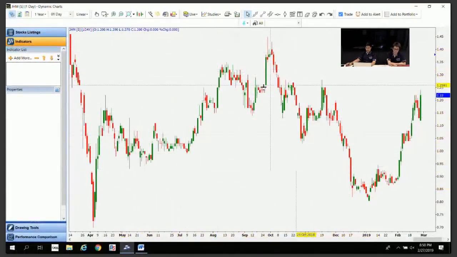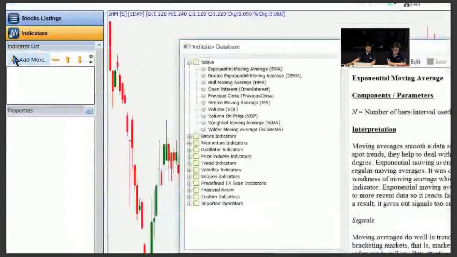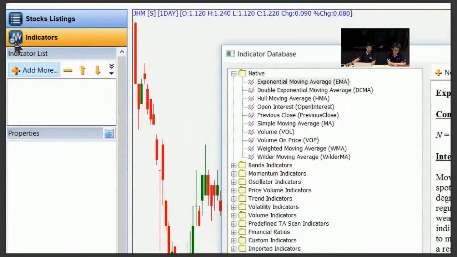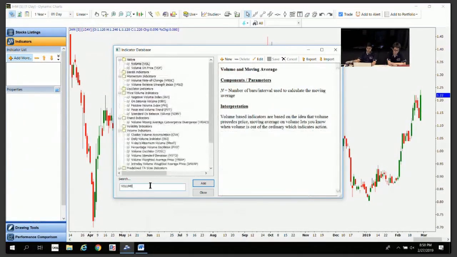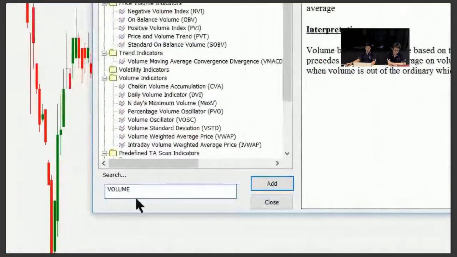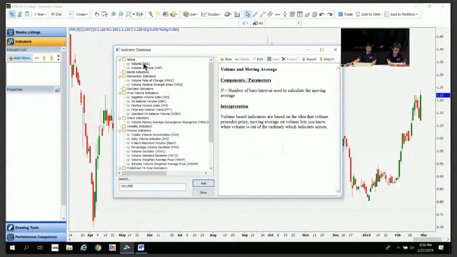So let's say now I would like to add more. I would like to add a volume. So I press on this add more, under indicator, add more. Then I search for volume. Over here, you type volume. You can see there are so many types of indicators related to volume. These are the volume related indicators, where these indicators are derived from volume.